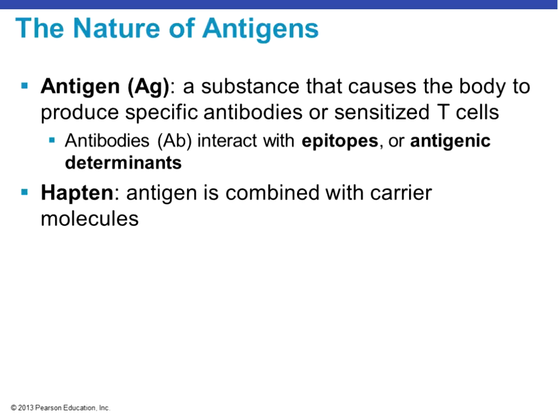Those antigens can be picked up by the fact that, hey, this isn't supposed to be here, not only by your innate immunity, but more specifically by your specific immunity, those T cells and those B cells. So your body can make specific antibodies, the job of the B cells, or synthesize T cells to interact with this antigen. Antibodies are going to interact with what we call epitopes or antigenic determinants, or special segments of the antigen on the bacteria or the virus, or let's just say pathogen.